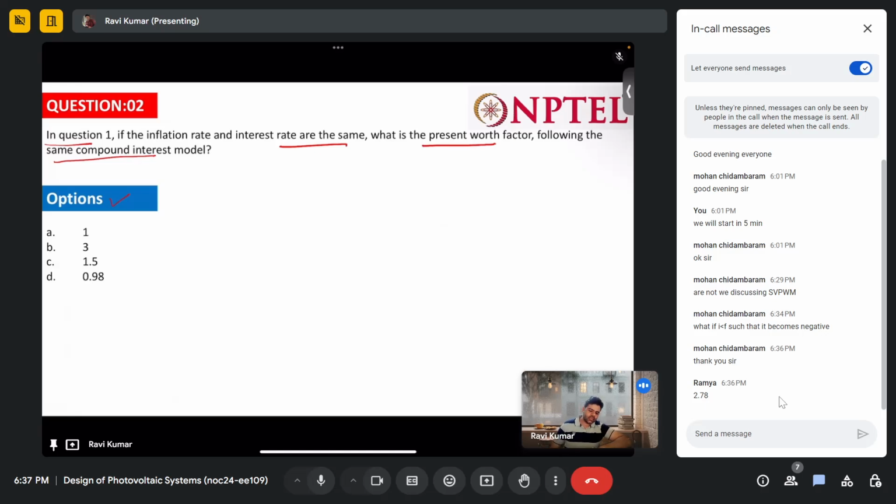It is saying if both are same. If both are same, then what will happen?